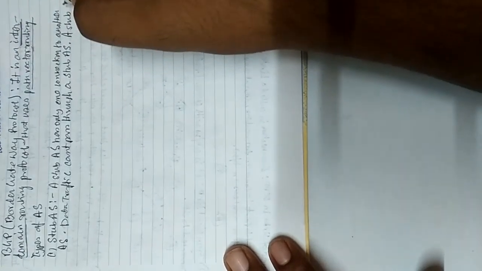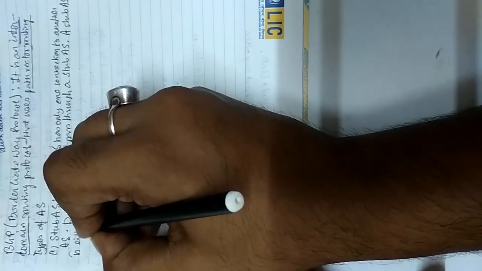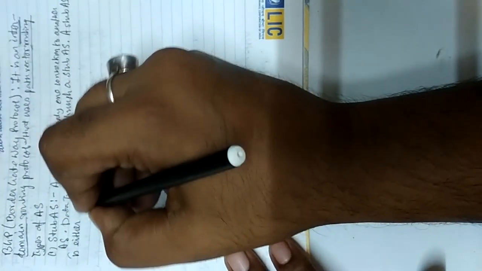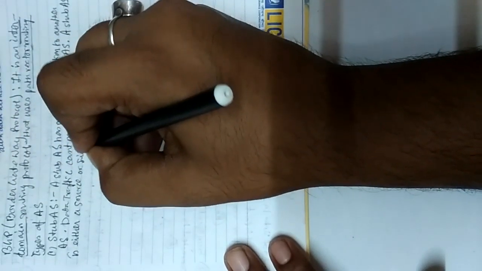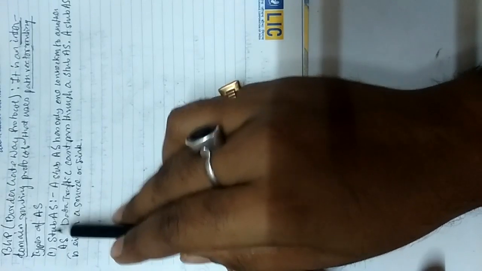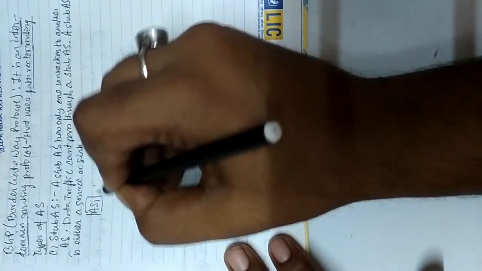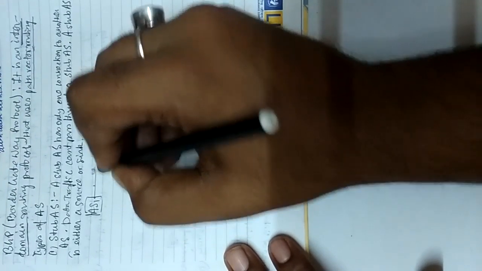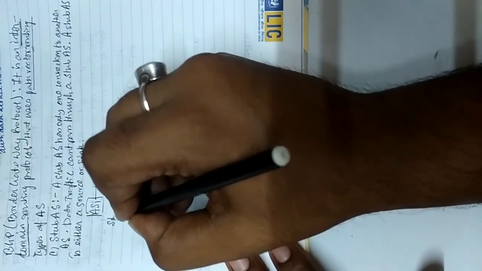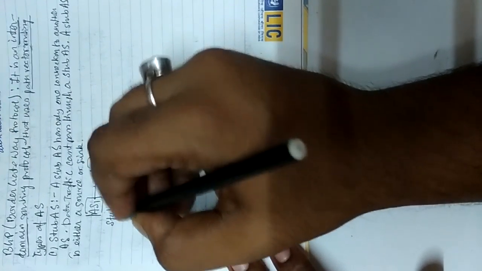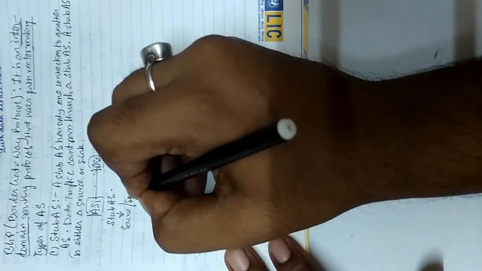A stub autonomous system is either a source or a sink. Let us draw the figure, then hopefully we'll understand more. This is autonomous system 1 and this is autonomous system 2. Let us say this is the stub autonomous system, which is either a source or a sink.